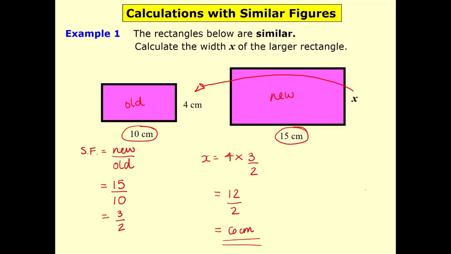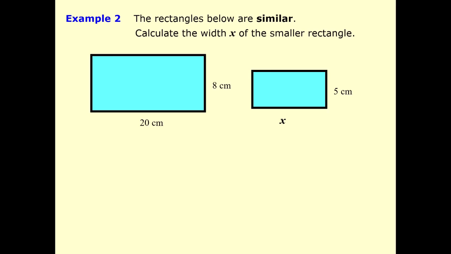Okay, let's move on to our second example. Again, the two rectangles below are both similar. We have to calculate the width of x on the smaller rectangle. So in this case, we have a larger rectangle which has now been reduced to a smaller rectangle.